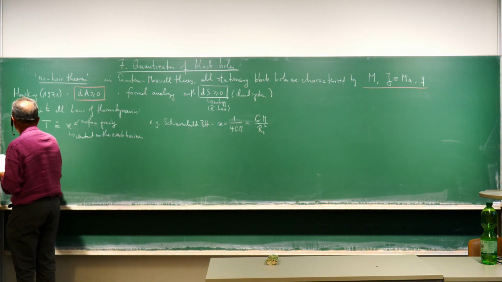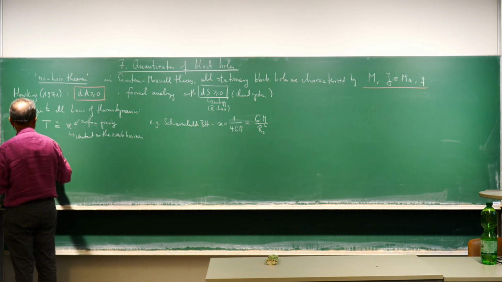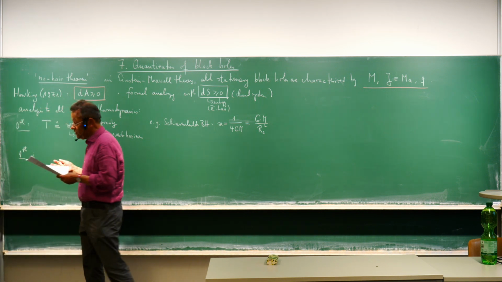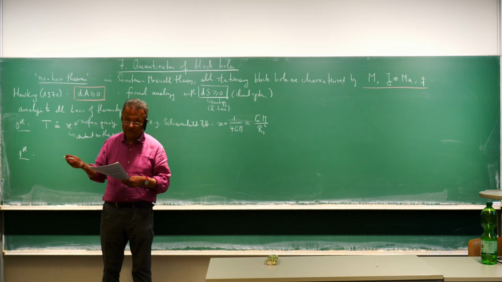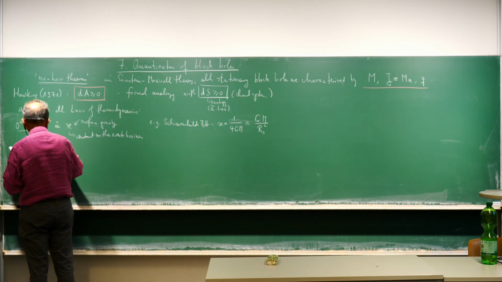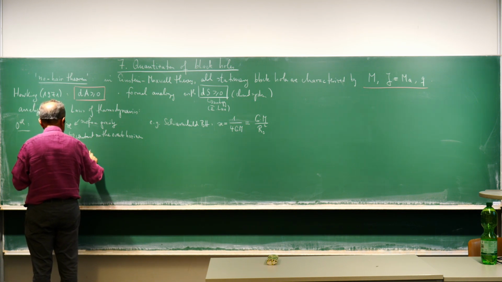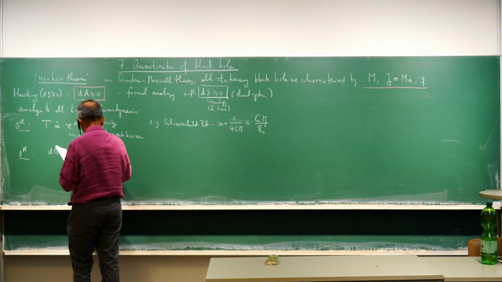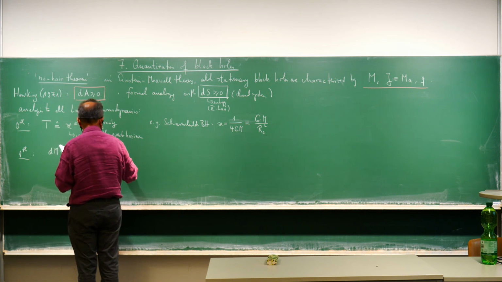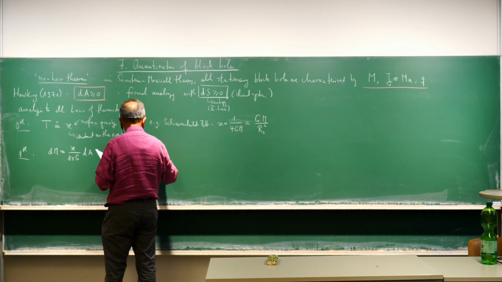Then the first law of thermodynamics. Usually that's the energy law, and in this case we have the following. We can prove dM is kappa over 8 pi G dA plus Omega_H dJ plus Phi dQ.